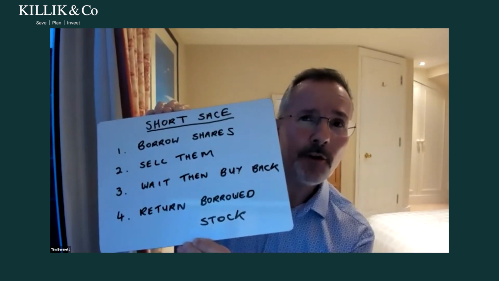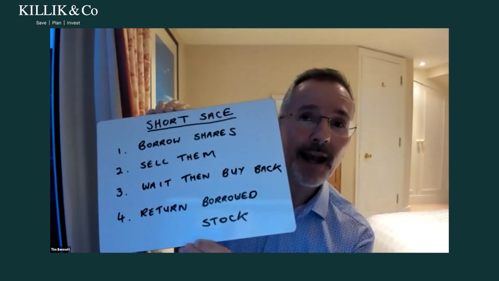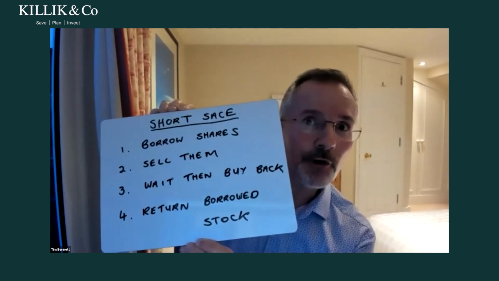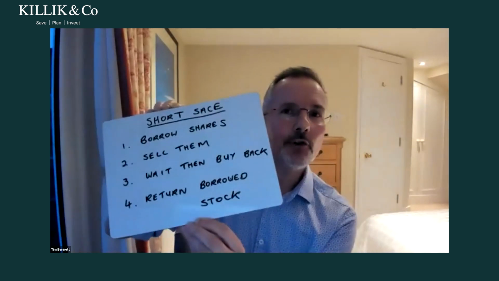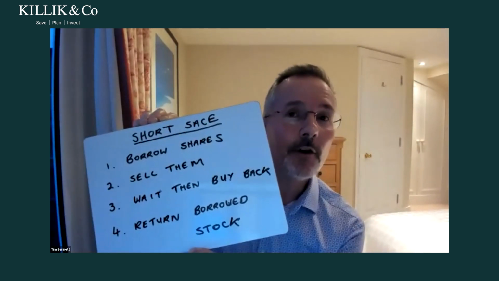Make up some numbers, the sale is at $2, the buyback is at $1, you've got $1, then you need to return them to the original lender. Who is that lender? Potentially an institution, could be a pension fund. Why were they happy to lend stock to the killer whale hedge fund manager in the first place? Well, because as a pension fund, you sit on loads of stock. Why not earn a bit of interest from a hedge fund for loaning it out short term?